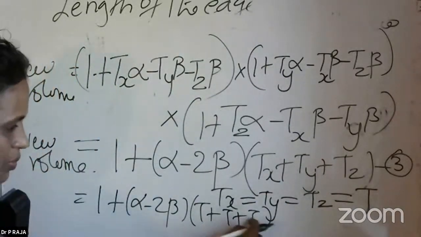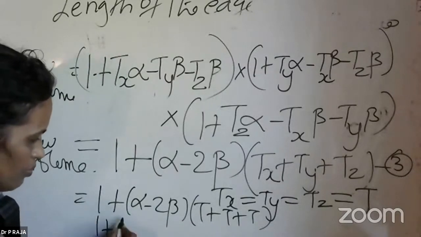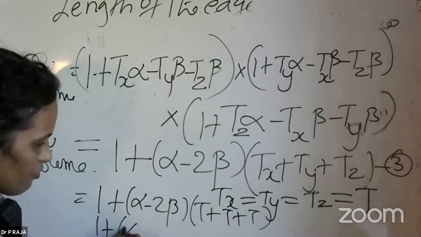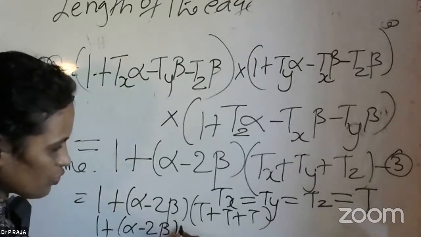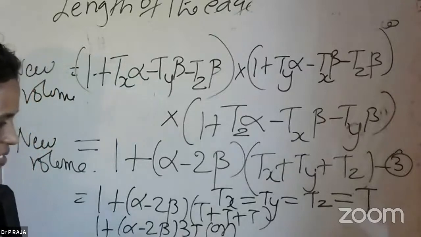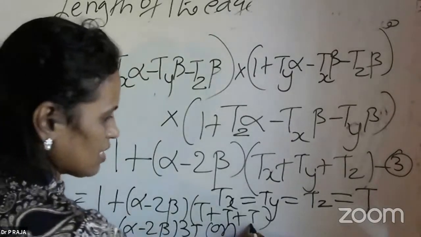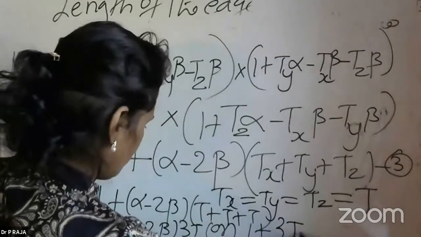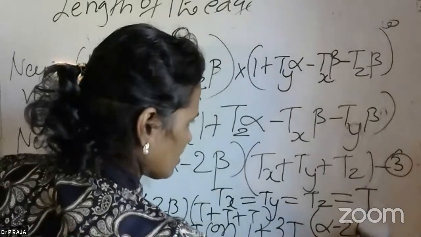So this will become 3t, and it becomes 1 plus alpha minus 2 beta into 3t. Let me put this 3t in the front, so I will put it as 1 plus 3t into alpha minus 2 beta.